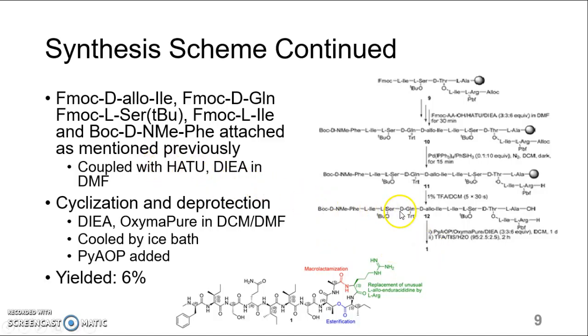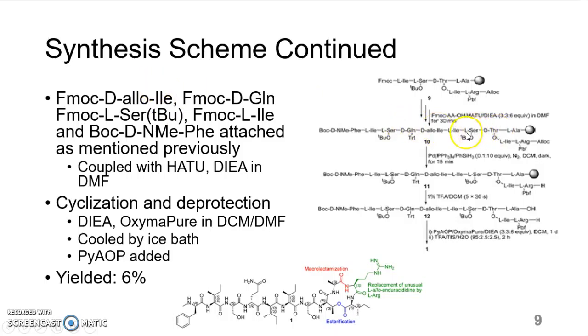And so at this point we have the FMOC group that is still attached to the L-isoleucine here at the end of the molecule, and we have the L-arginine that was just added to the amino end of the L-isoleucine.